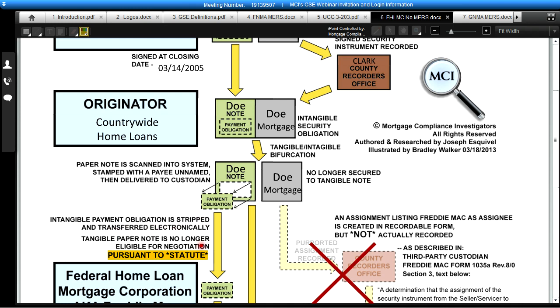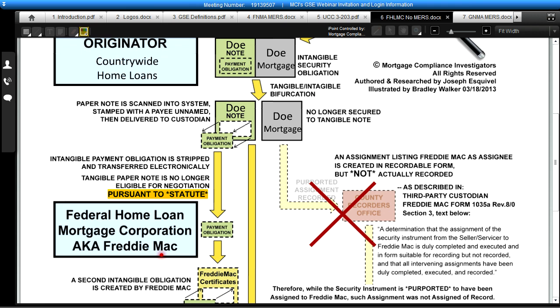When they did that, pursuant to Uniform Commercial Code 3-203D, the tangible note is no longer eligible for negotiation. Because it was less than the entire instrument, the only thing that Freddie Mac is buying is his payment obligation.